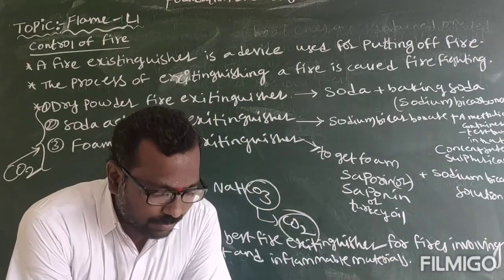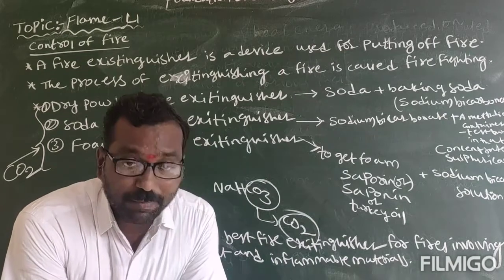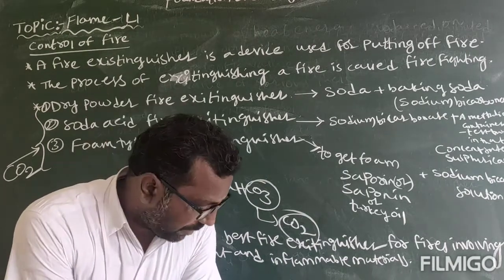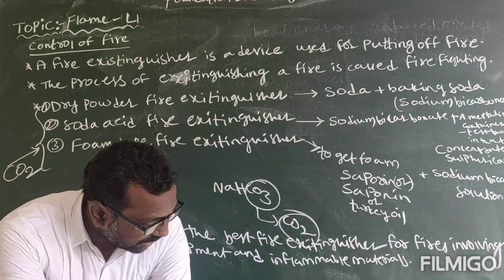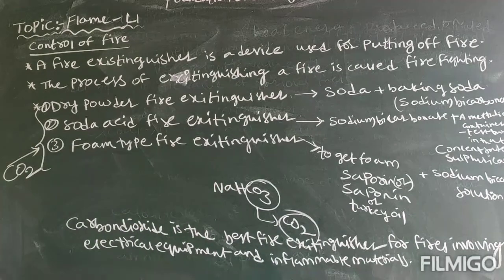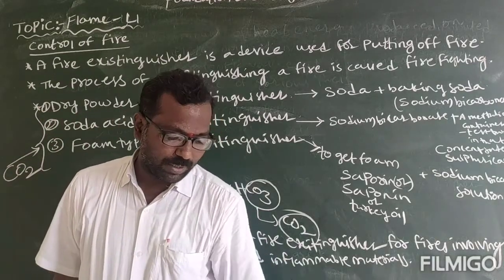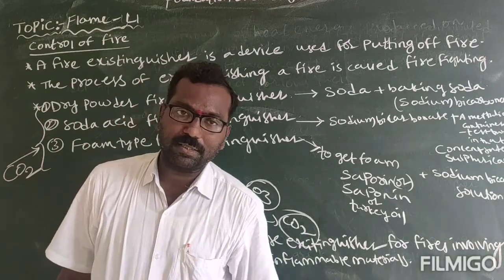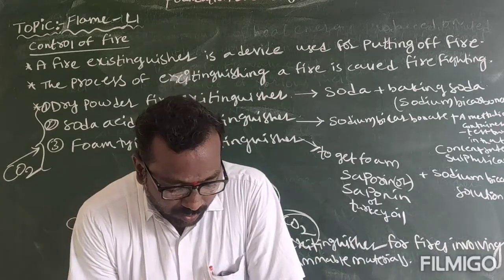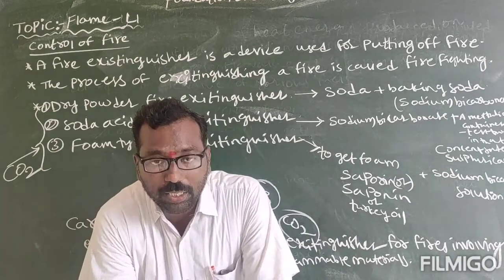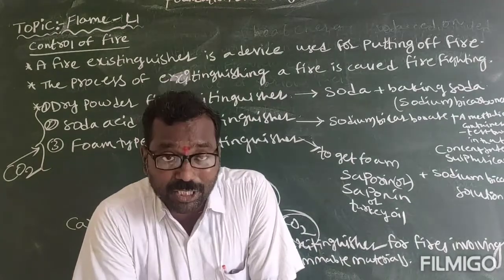Inflammable materials means what? The materials which catch fire at a low ignition temperature only. Those are called inflammable materials. The substances which catch fire with a flame at very low ignition temperature.